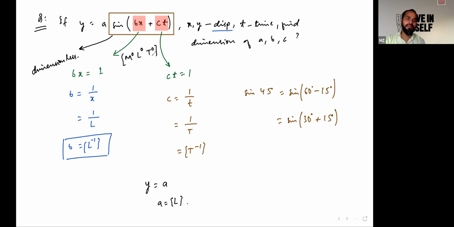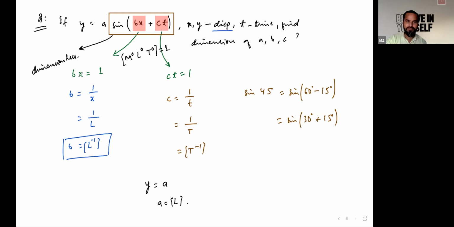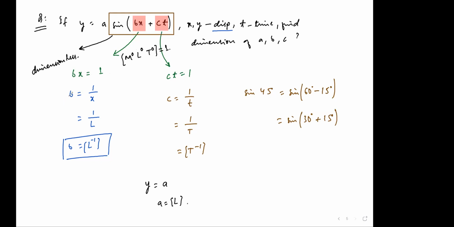Any number with exponent 0 is 1. So on this basis, we have put bx, which is defined in this expression as an angle, equal to 1. We have the dimension formula for x, and from this we can easily solve for b. Okay, Aisha?